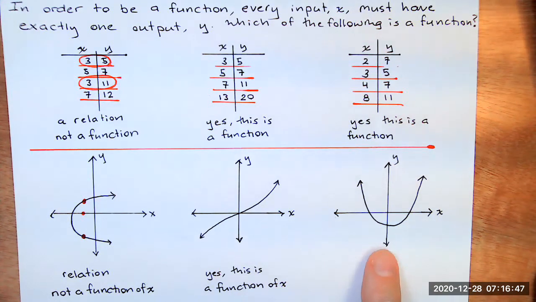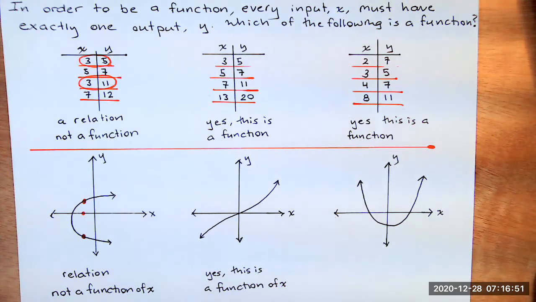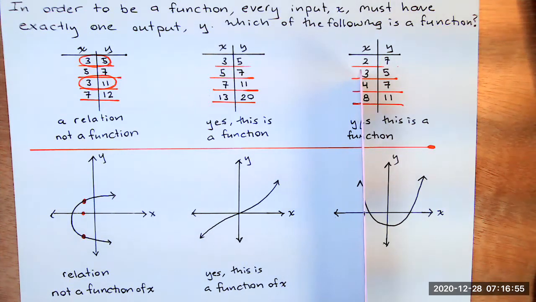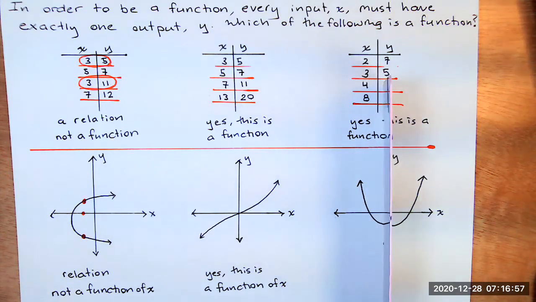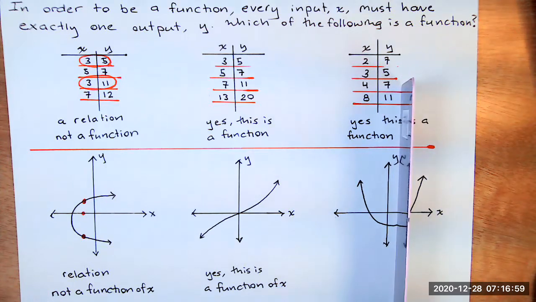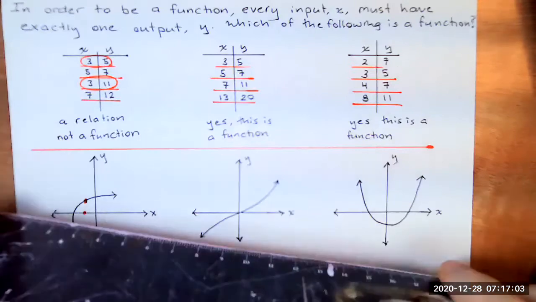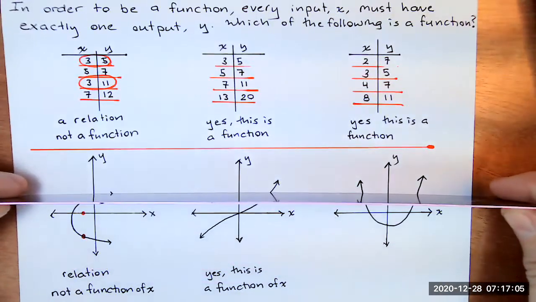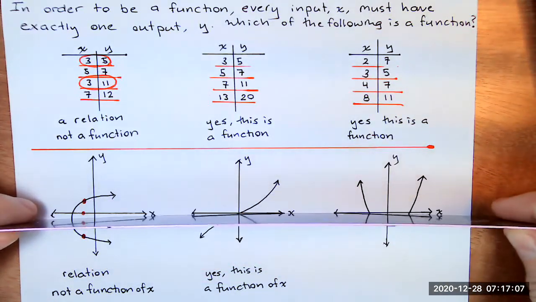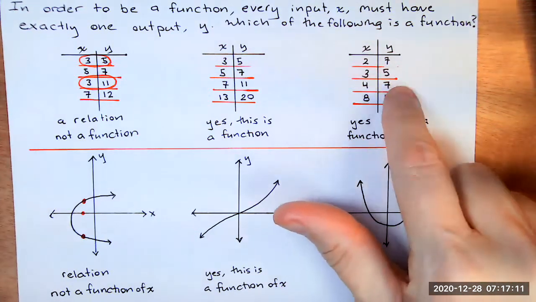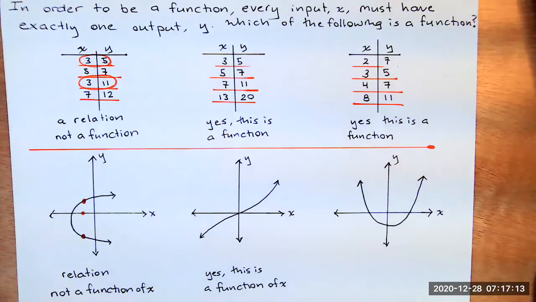What about this graph? Is this a relation or a function? So if you can pass a vertical line through it and it touches it more than once, then it is not a function. A horizontal line can go through it more than once and still be a function. That's like this example.